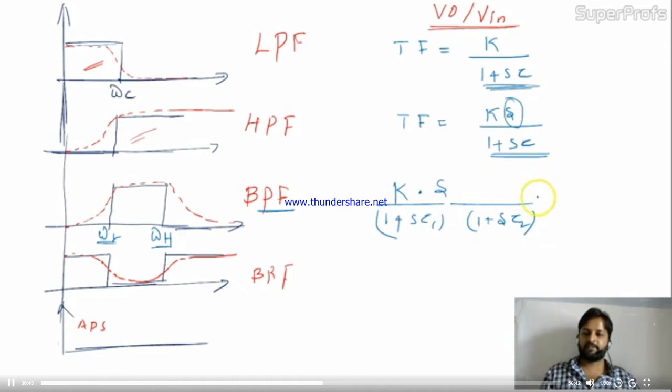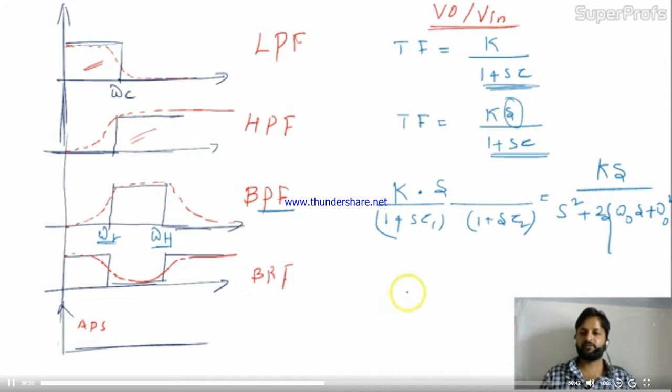Now if we take the generalized form, it will be Ks divided by second order s square plus 2 del omega naught s plus omega naught square. This is the standard second order form for band pass filter. Okay friends, we'll talk about the band reject filter.